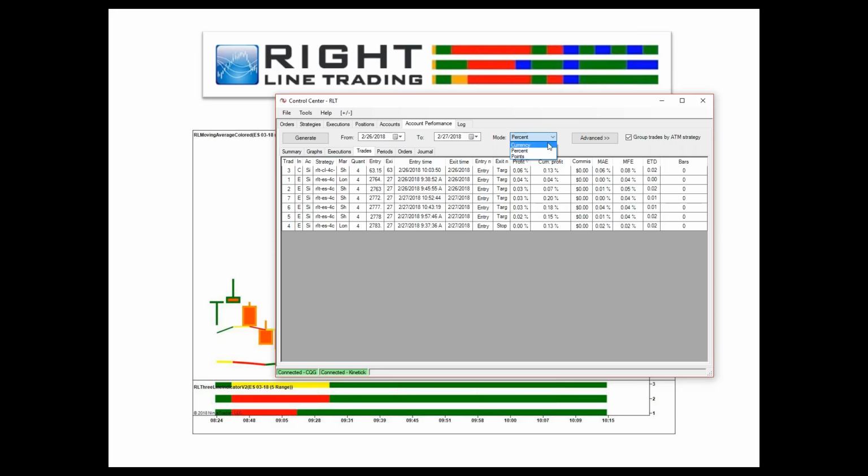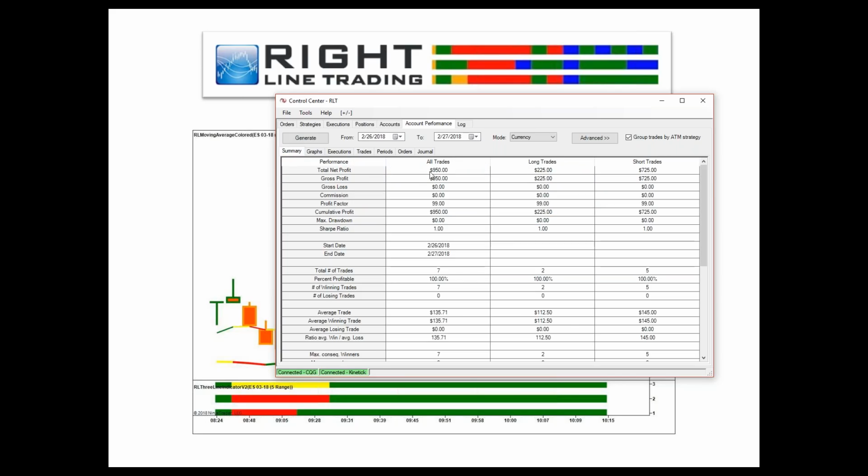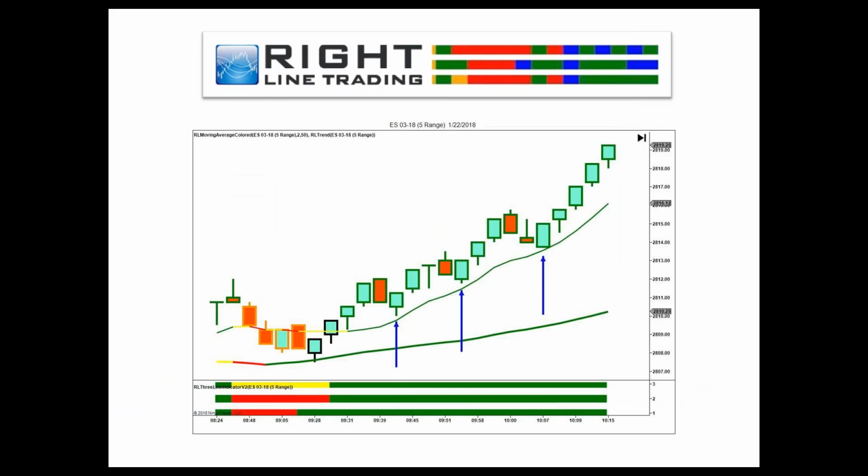I just have to go here to currency. We've got 6 trades. We made 225, 165.50, 150, 150, 150, 112.50. I closed 1 trade at break even, and it went on to become a winner. So that's it. We have 6 trades, 6 winners, and so far we're up $950 this week. Really trading a small number of contracts.